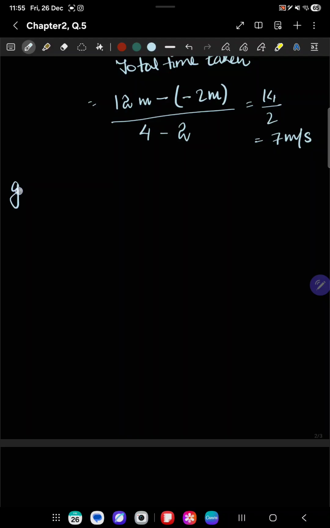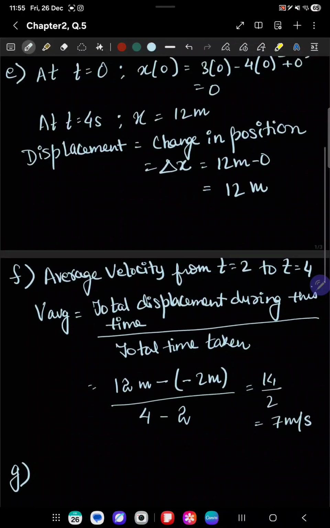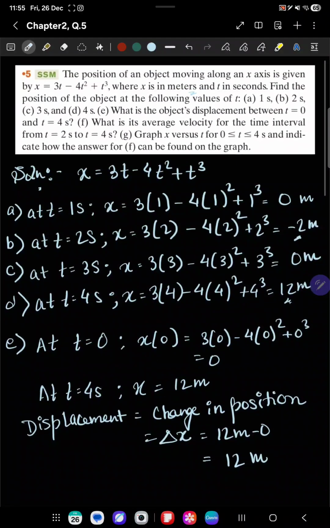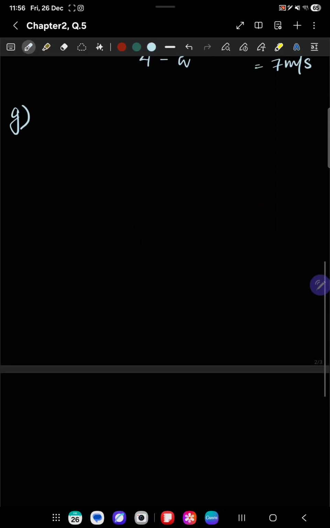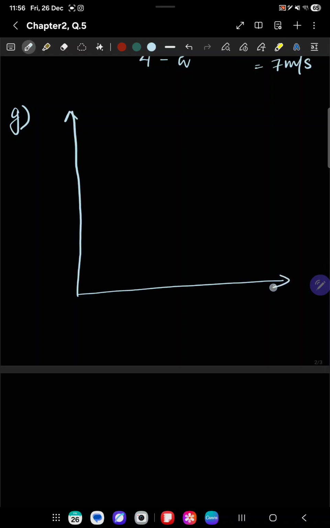Now for G part, it is saying graph x versus t between 0 to 4 second, x versus t, right? Let me draw the graph here. So this is x, this is t, this is 0, 1, 2, 3, 4.